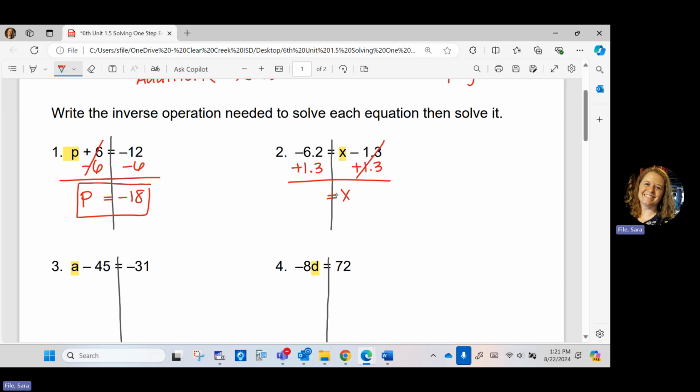Then on the left side, I just do the addition. Now on your 4-function calculators, there is not a negative key, so you can't type negative 6.2. So you could type this as 1.3 minus 6.2. That's probably the easiest route, and that would give you negative 4.9.